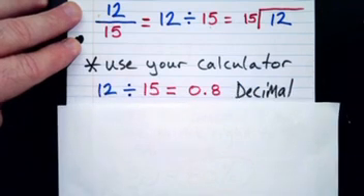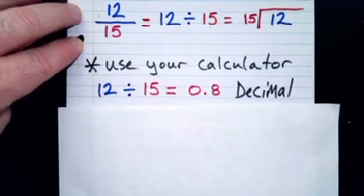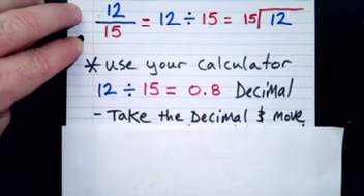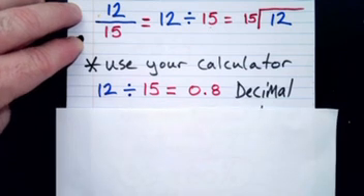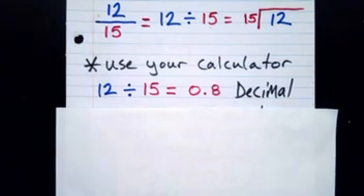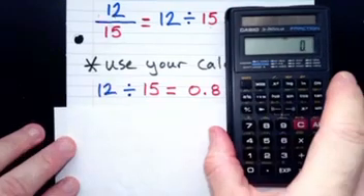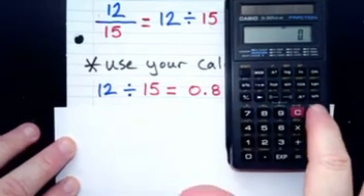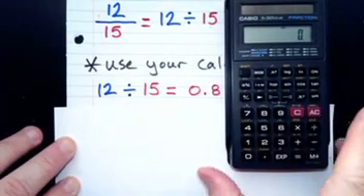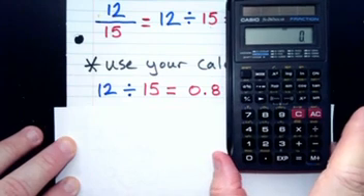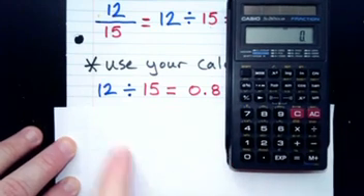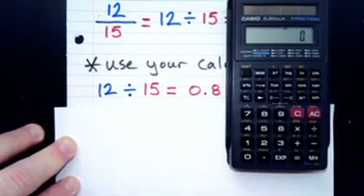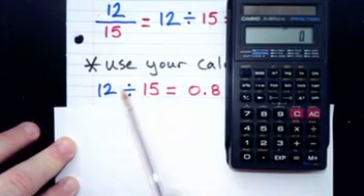All right. So let's go ahead and do this. I would like to show you the calculator here. Okay. Clear. Don't forget to clear everything you've been working on in your calculator. If you don't, and you try this, you may end up with a different value. So 12 divided by 15.